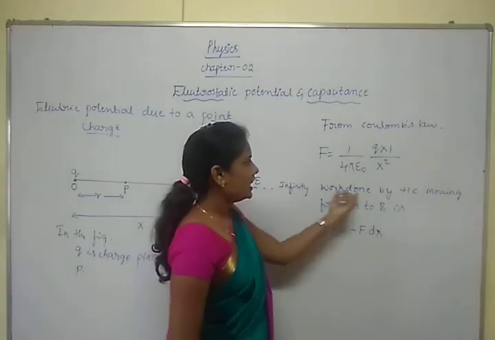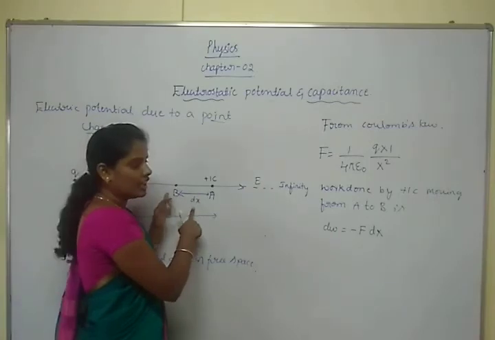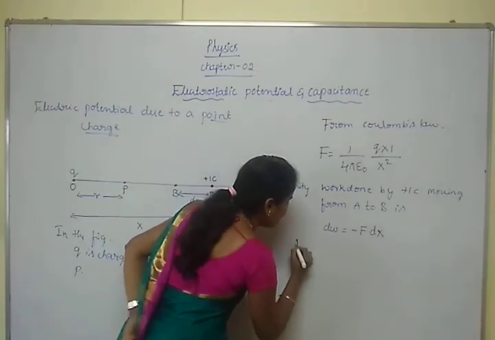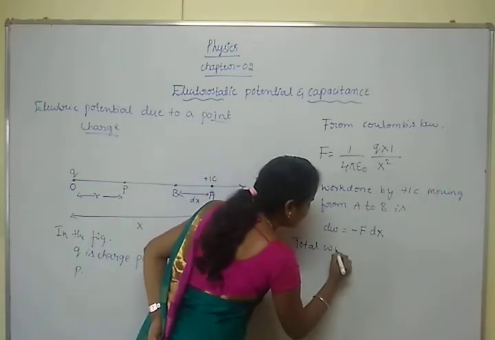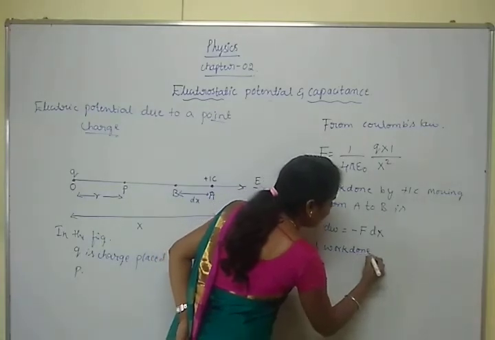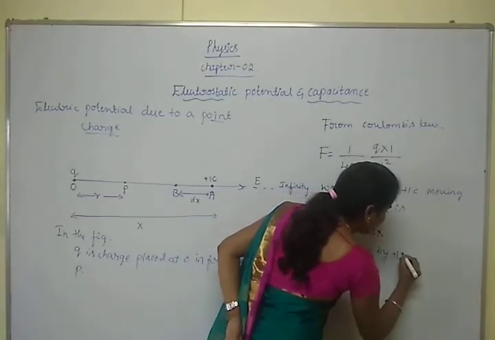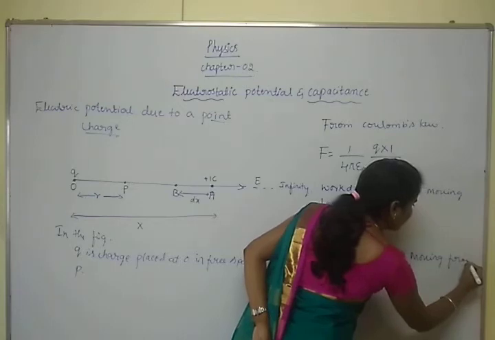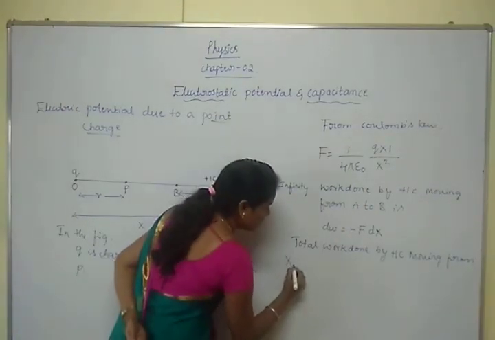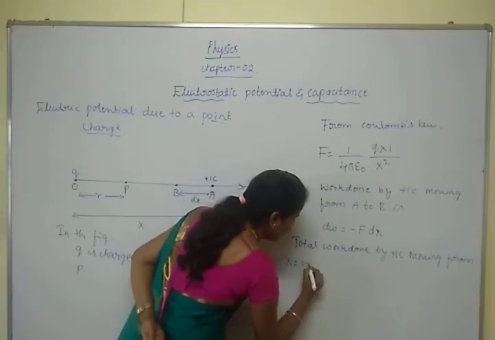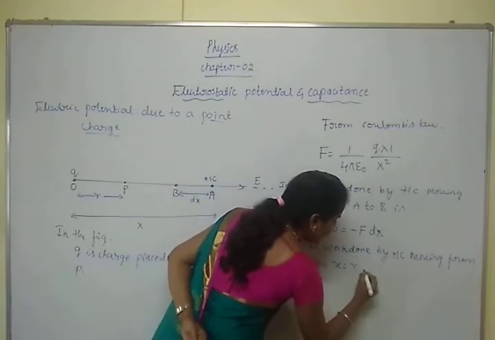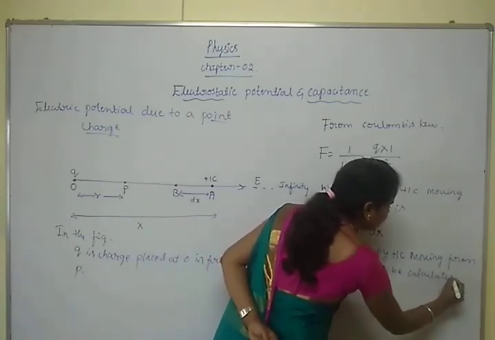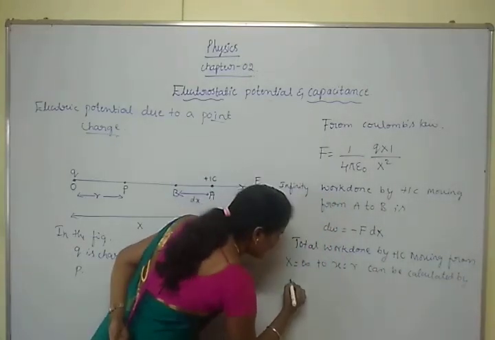The charge is displaced from A to B, the distance is dx, and the force is F. And the total work done by a 1 coulomb charge moving from x equals infinity to x equals r can be calculated by the integration method.